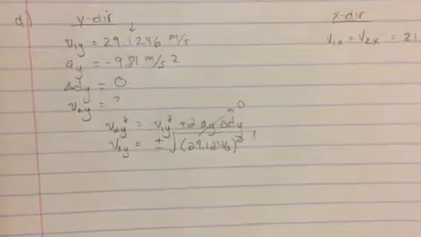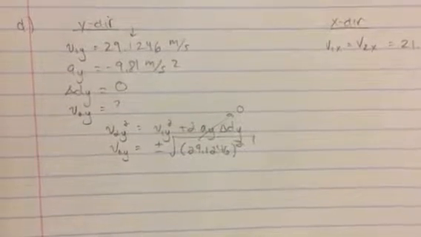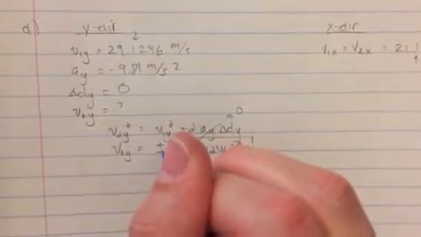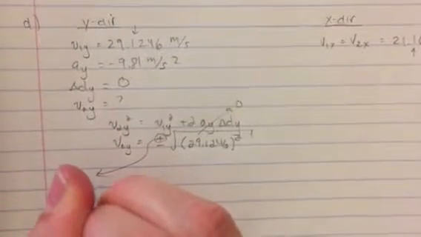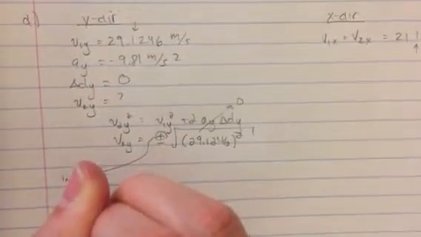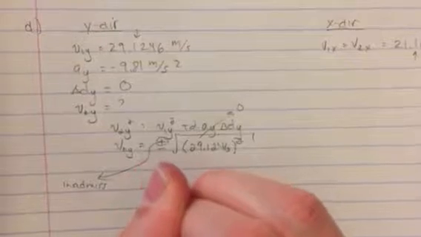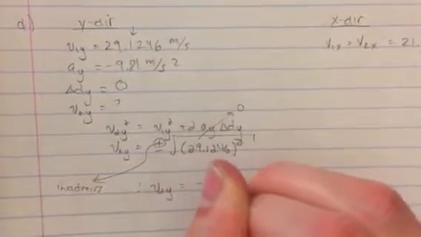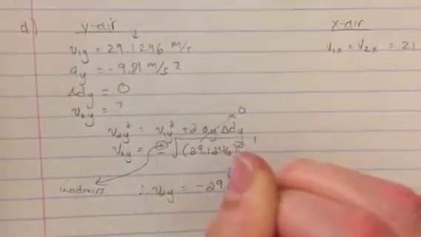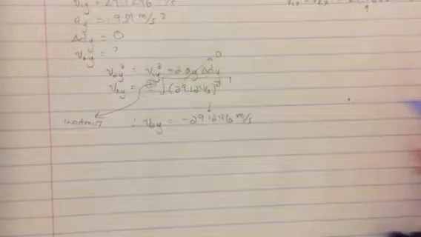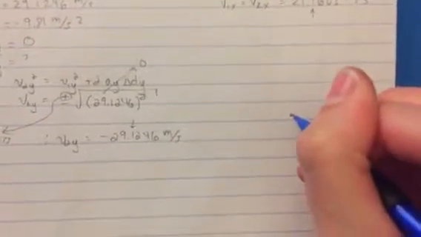In this case, we're interested in the landing y velocity. So we know that we don't really need this positive root. This root isn't admissible to us now. Therefore, v2y is negative 29.1246 meters per second.